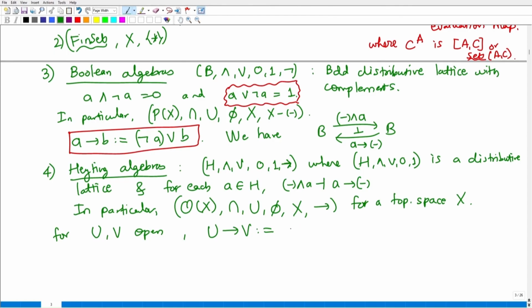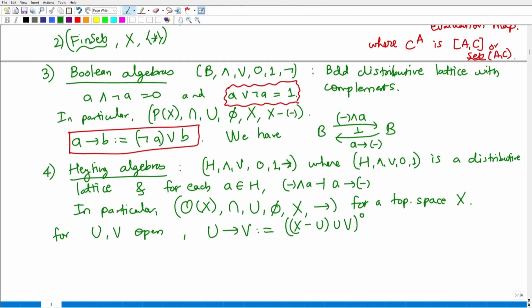You tell me. Is equal to the interior of the complement of U union V. Yes, take its union and then take the interior. Correct.